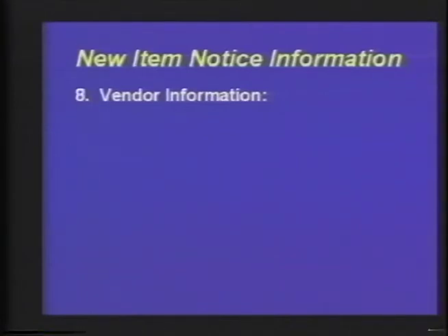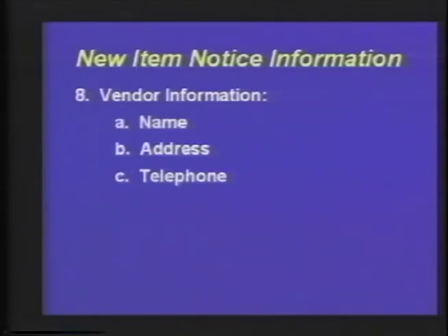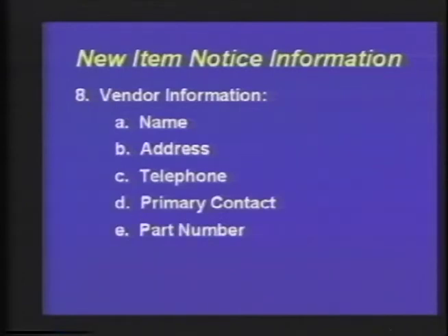Now, vendor information is tailored, and I'm just listing some of the basic information like the name, address, the telephone number, the primary contact relative to trying to get some basic data like shipping information, current pricing, and lead times. And then we have the part number, the description, and again, here's the lead time of the item.